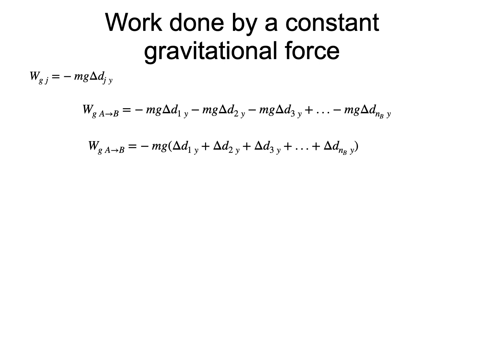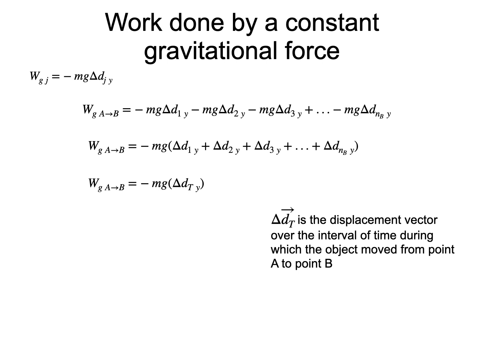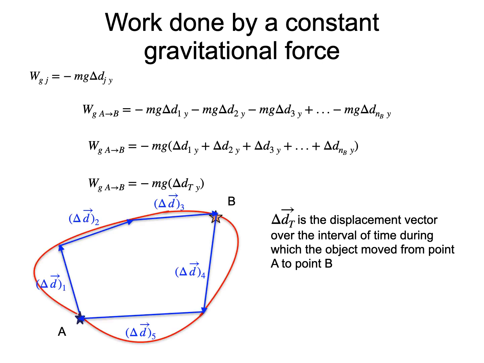Because of the way the delta dj's were defined, with the tip of one being at the tail of the next one, their sum is the vertical component of the total displacement from point A to point B. The total displacement for this path would be the pink vector in this drawing.